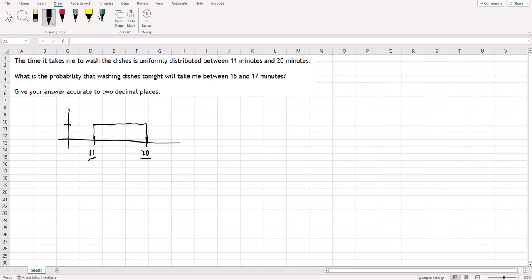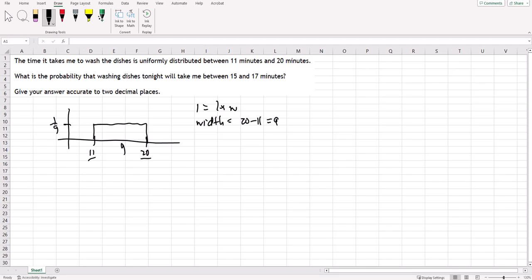Since the area under here is 1, we know the length times the width equals 1. The width is 9. So this is 9, which means the height is 1/9, because 1/9 times 9 gets me 1. So that's where that b minus a and all that business comes from.